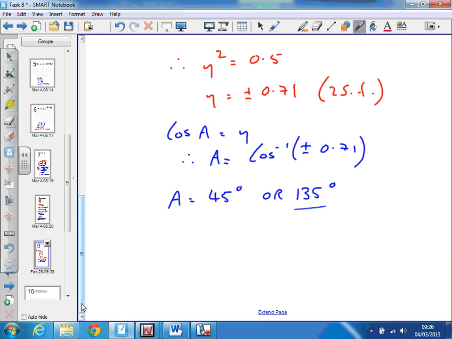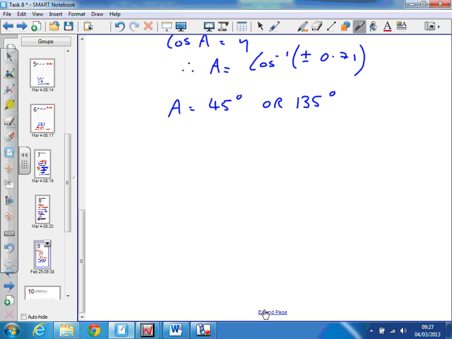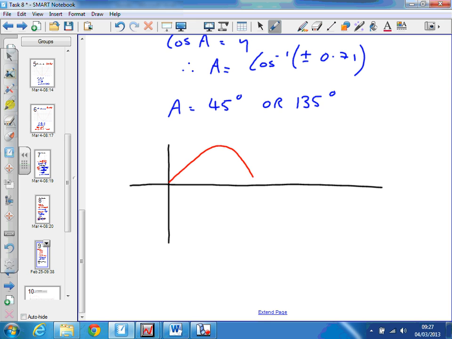But remember, we're interested in all the values between 0 and 360 degrees. So at this stage, we need to sketch it. And when it comes to the assignment, it asks you to sketch and verify your results. So sketch it between 0 and 360. It's a cosine function.